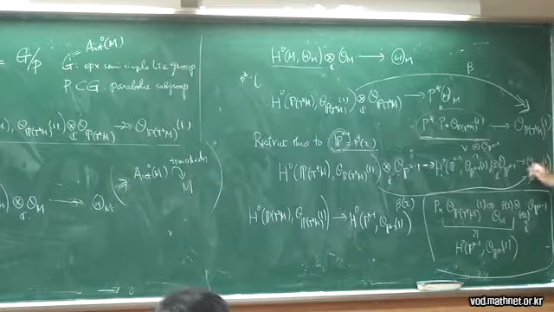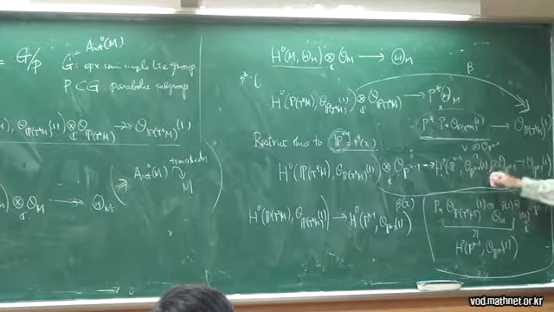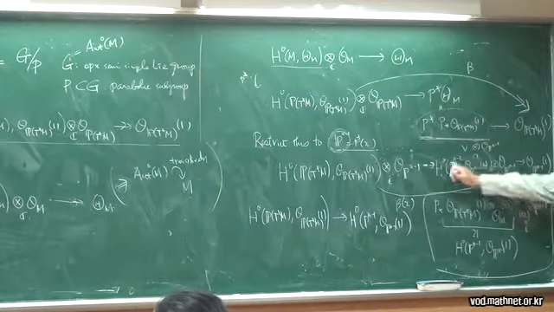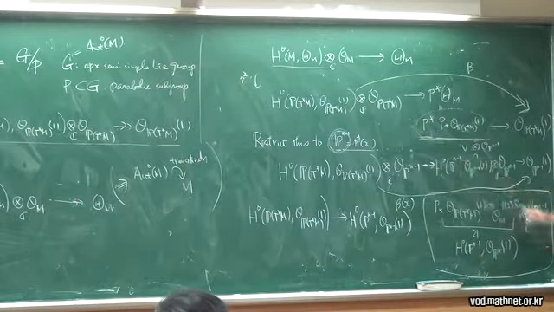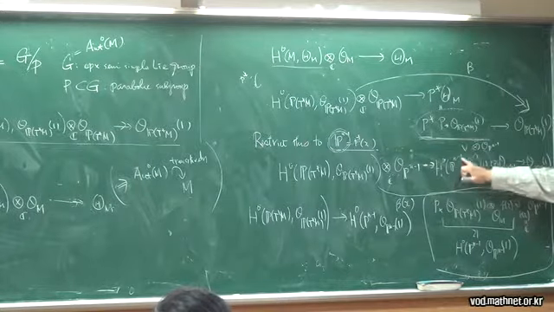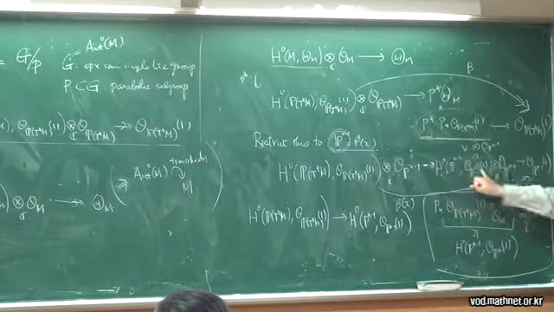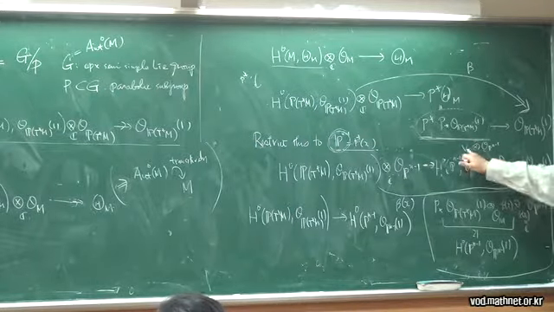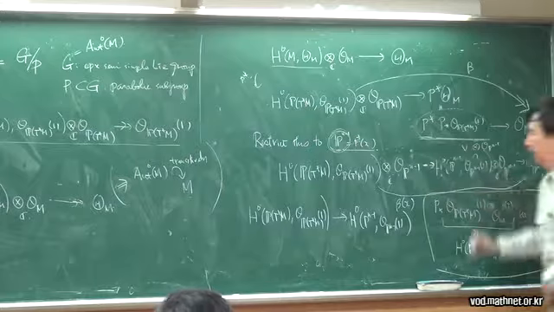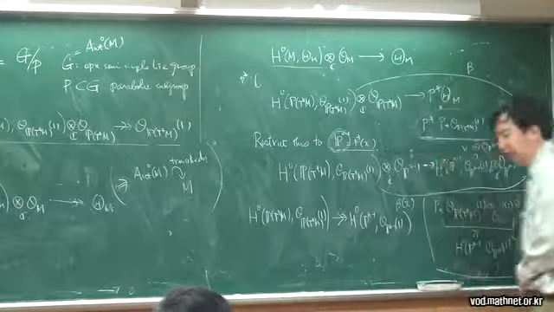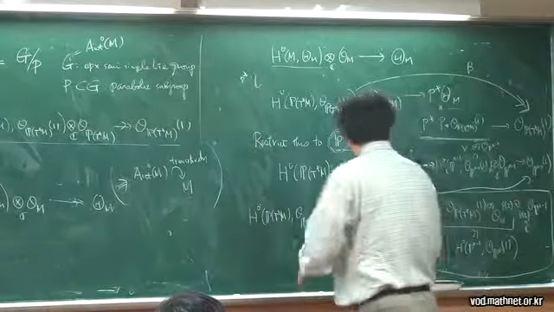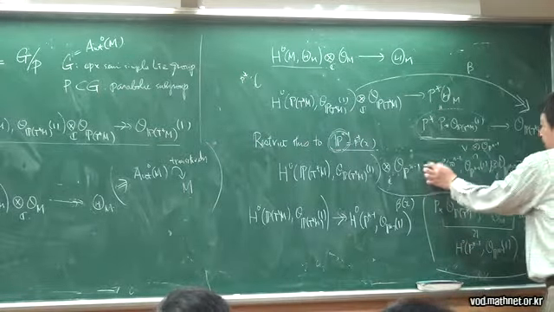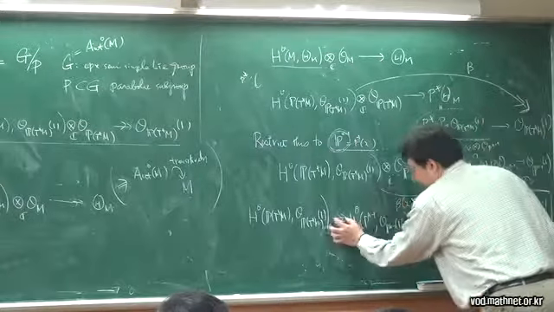To generate this invertible sheaf, you need at least n independent sections. So if V is not everything, this one is not surjective. So this V should coincide with this. So this is surjective.